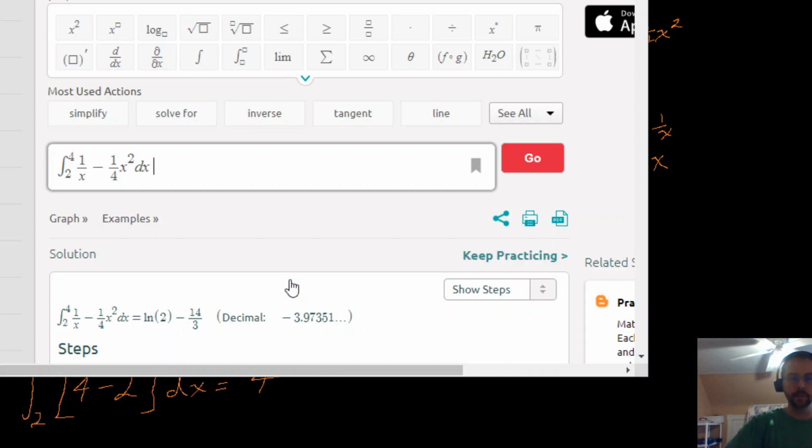So negative 14 over natural log of 2 minus negative 14 over 3, or negative 3.97.